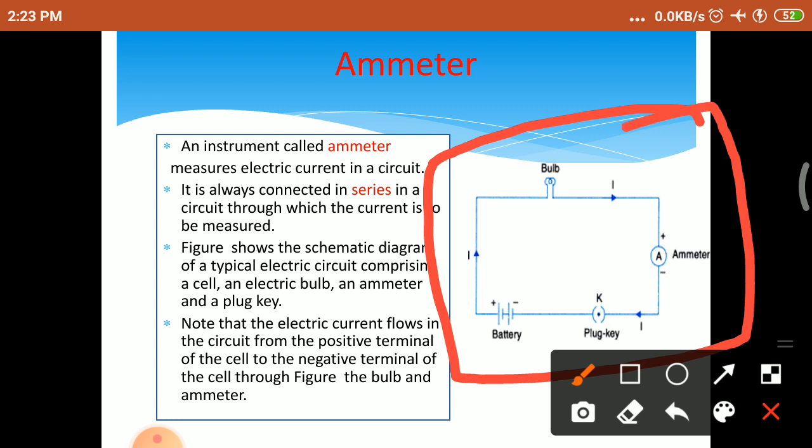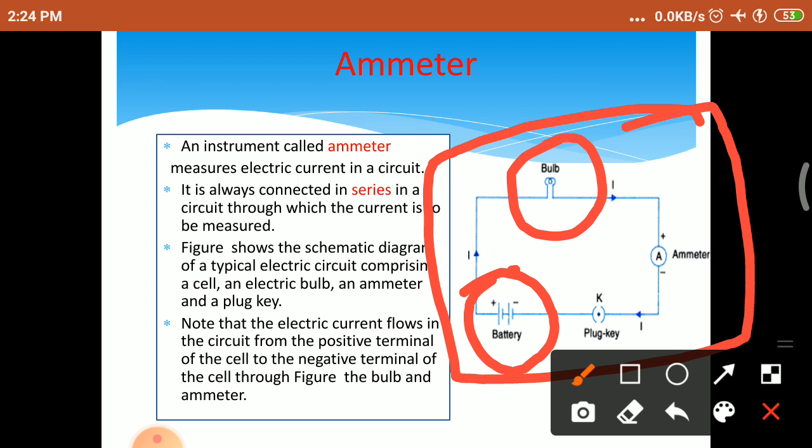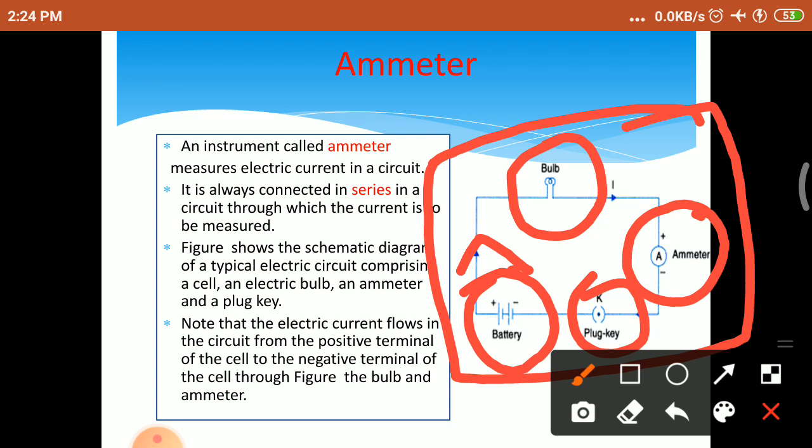It consists of a battery, bulb, ammeter and key. And see the direction of the current. The direction of the current is always positive to negative. That is the conventional direction of current. The conventional direction of current is from the positive terminal to the negative terminal. So the arrow mark is upward.